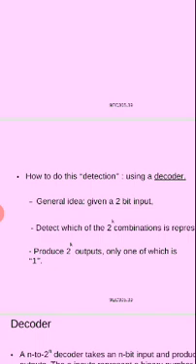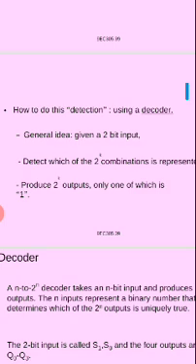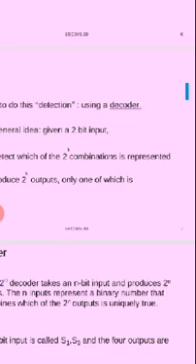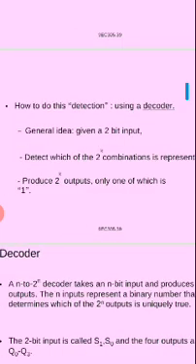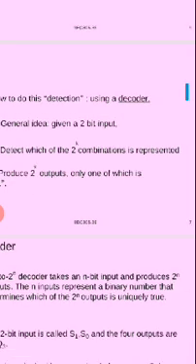General idea: given a k-bit input, detect which of the 2 power k combinations is represented. Produce 2 power k outputs, only one of which is 1.